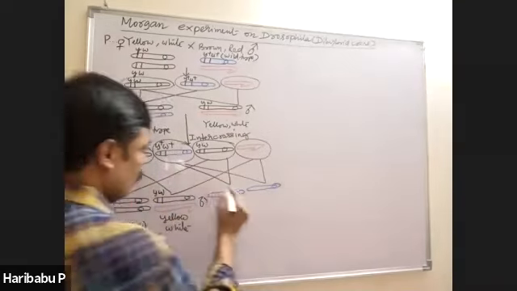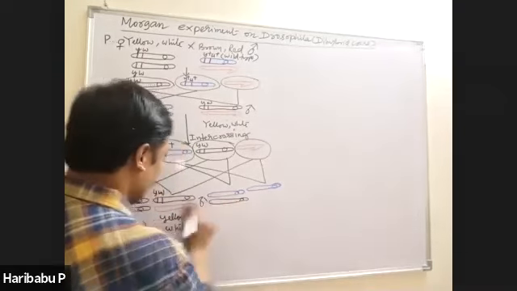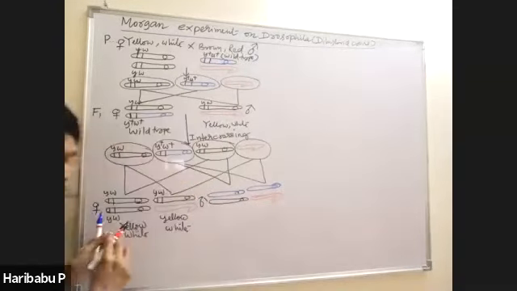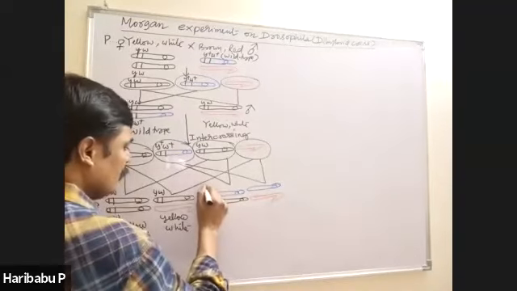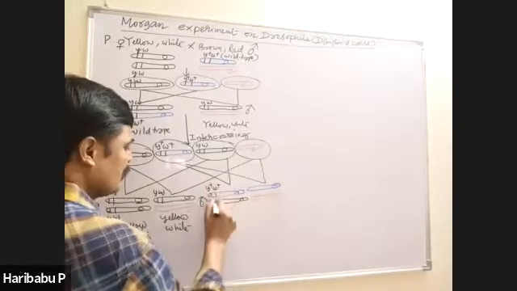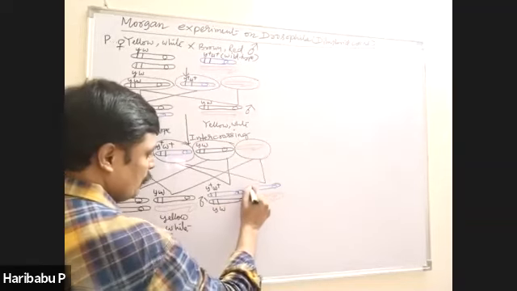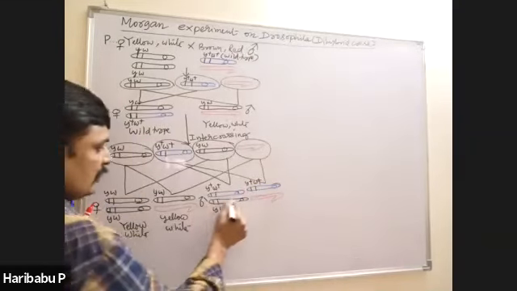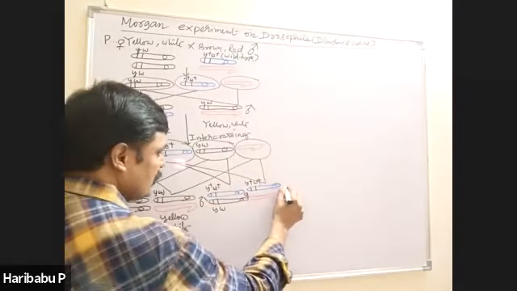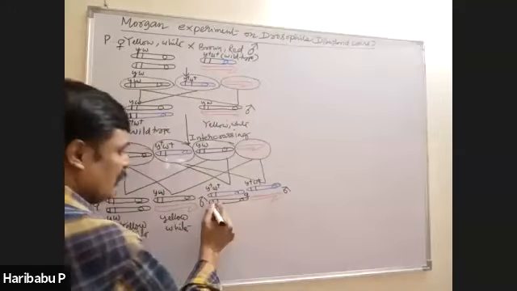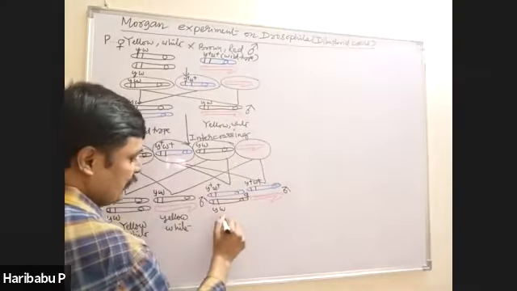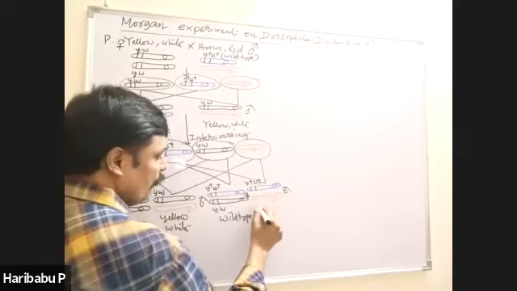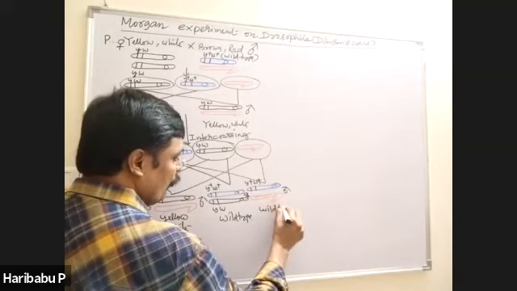And now, the genes here are Y plus W plus, here YW, here Y plus W plus. This is a female, this is male. Therefore, these are brown red, nothing but wild type female, and wild type male.